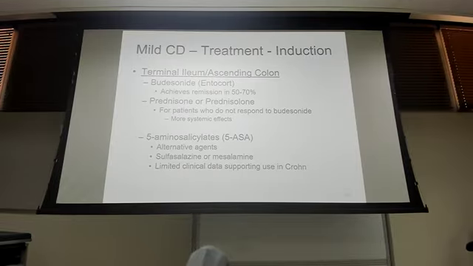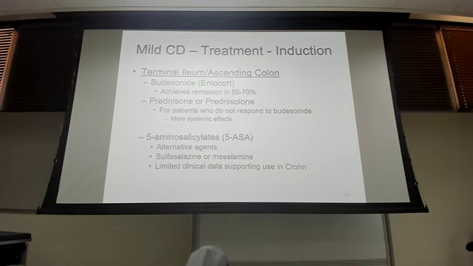So how do we treat it? For mild, to induce remission, we begin with budesonide, a corticosteroid. 50 to 70% of our patients with mild CD are going to achieve remission.